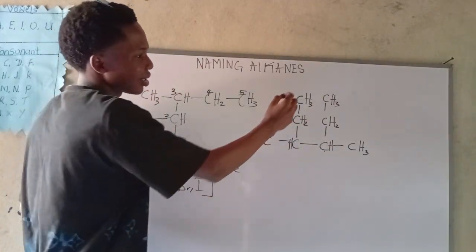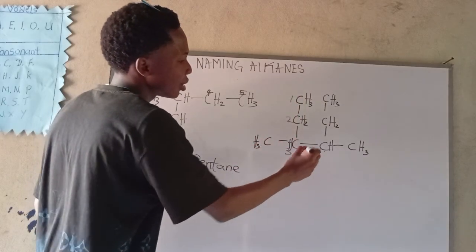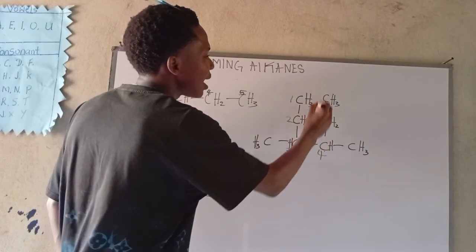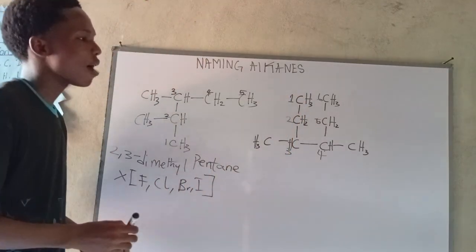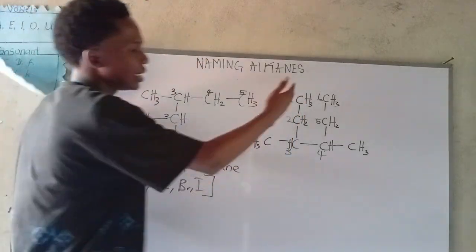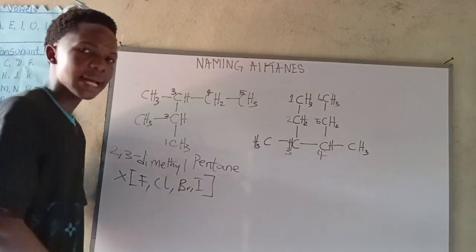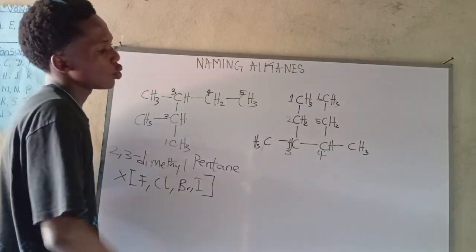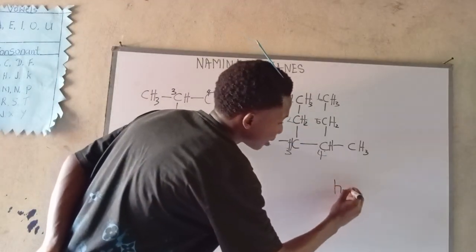Let's improvise. We can say 1, 2, 3, 4, 5, and 6. The rest has been giving us 4 and 5, but this is the longest route. So this is hexane. We also identified that it's a single bond. So let's put our hexane first.